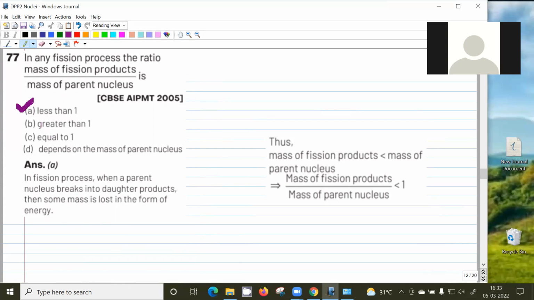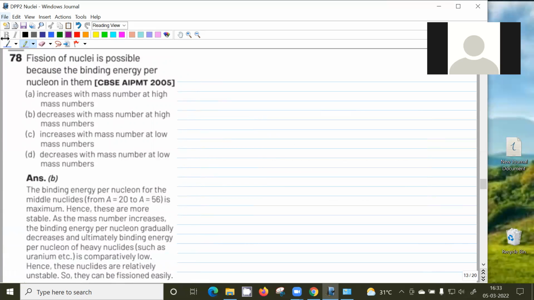Done. This one: fission of nuclei is possible because binding energy per nucleon increases or decreases with mass number. No, option C. See, this is the plot, right?